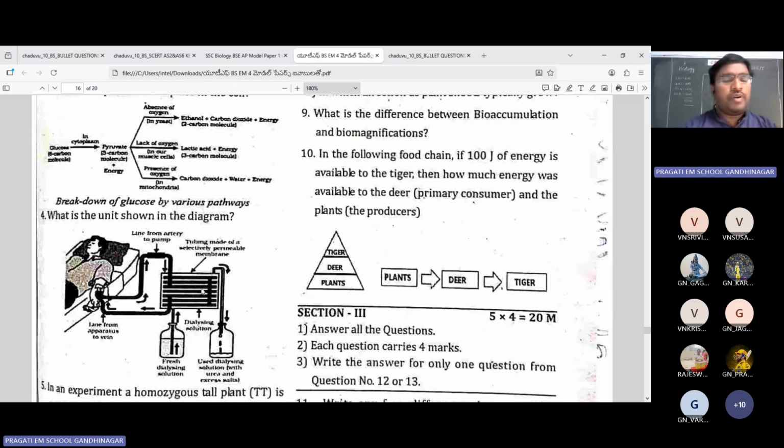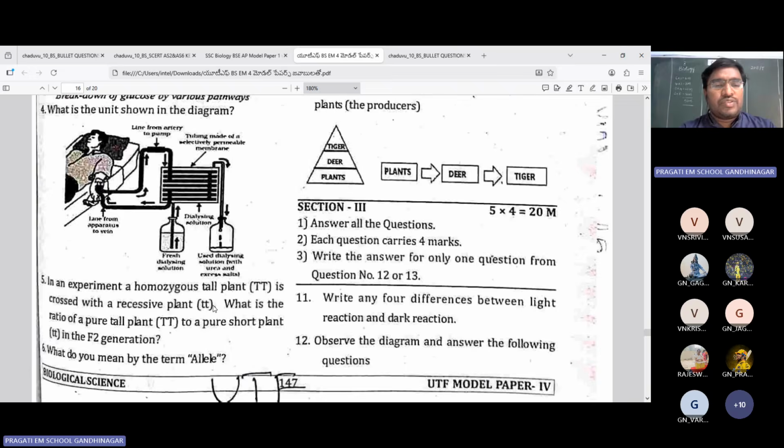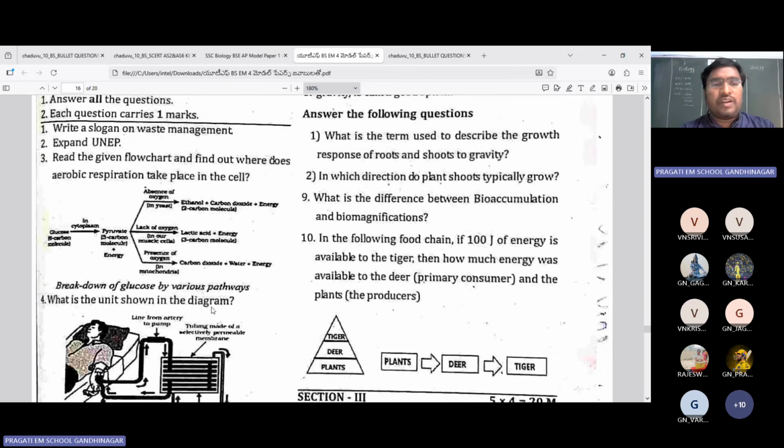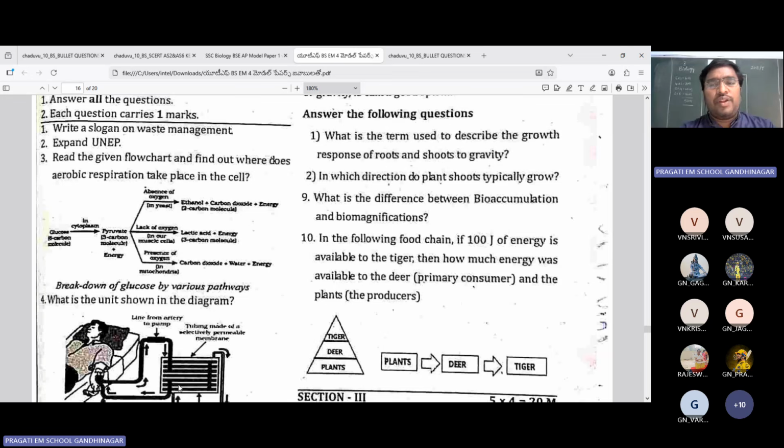This is the diagram about dialysis. And 5th question, it is about monohybrid cross. And 6th question, what is meant by a term allele? So see this, children, question pattern. Try to understand the question, then write your answer. So please go through these 4 model papers also, if time is sufficient.